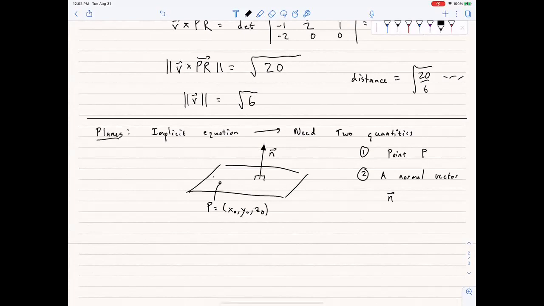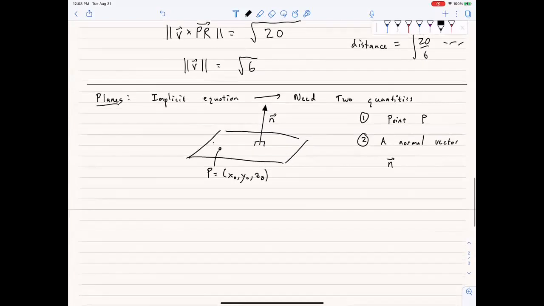This is my normal vector. Now, of course, you'll observe, just like direction vectors, normal vectors are not unique. I can scale them up, I can go the opposite direction. But up to a non-zero scale, they are unique. So we want a normal vector.